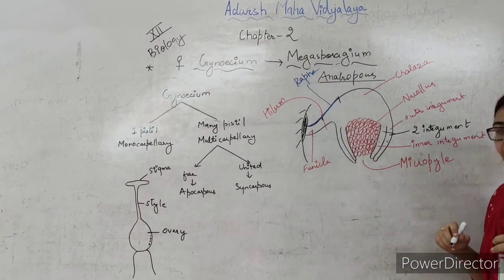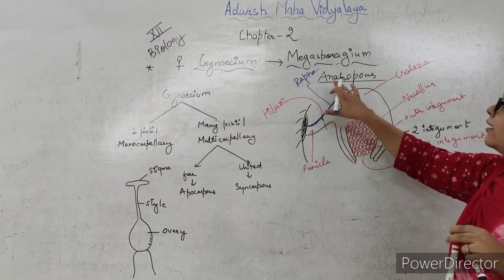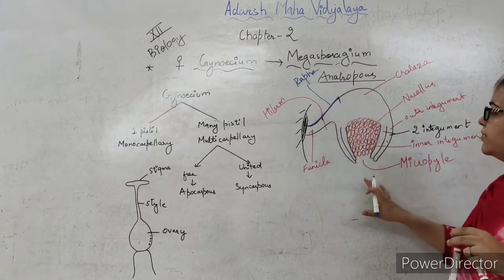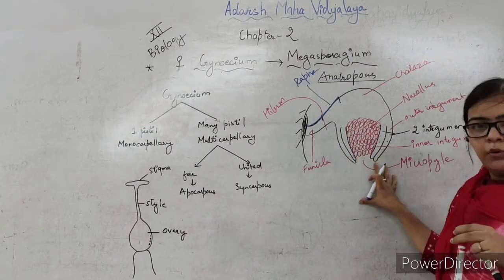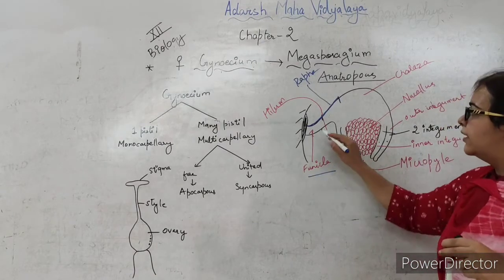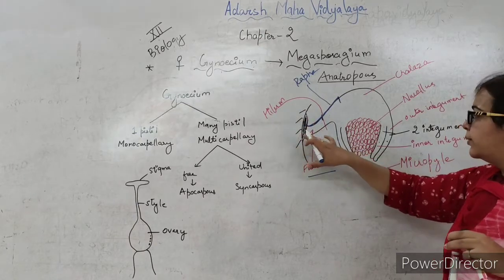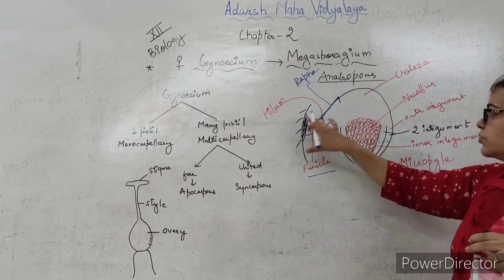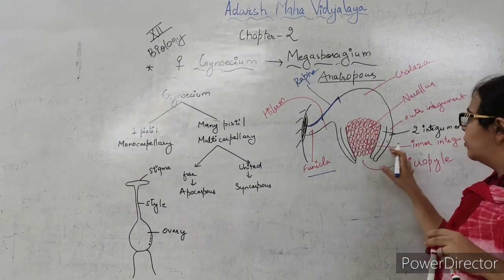This is called raphe. So when we are talking about a typical anatropous ovule, we see that two parts are there, one is the stalk and one is the main body. The stalk is called funicle. The attachment of the stalk with the main body is called the hilum. It is covered with layers which are called integuments.